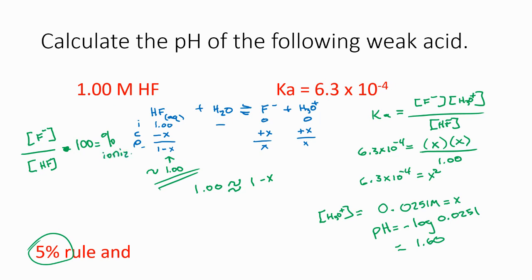As long as that percent ionization is less than 5%, then the assumption that we made here is a good one. So let's do that calculation.